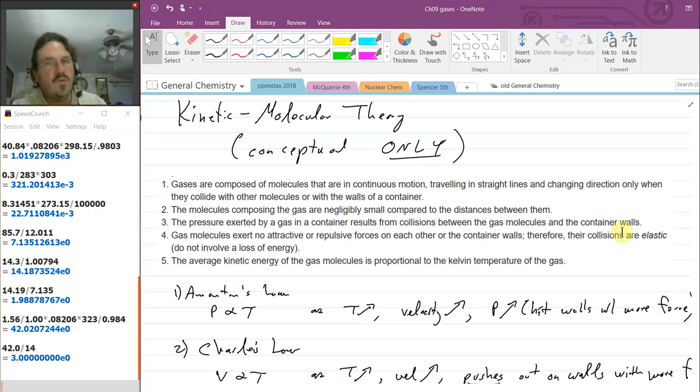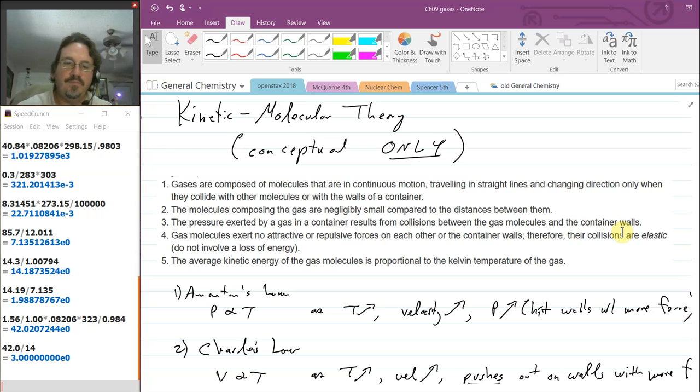There's a certain area that it hits that wall on, and so again, force per area, that's what pressure is. That's what it's defined as, force per area. And so the pressure of a gas, as we measure it, is due to those molecules colliding with the sides of the container.